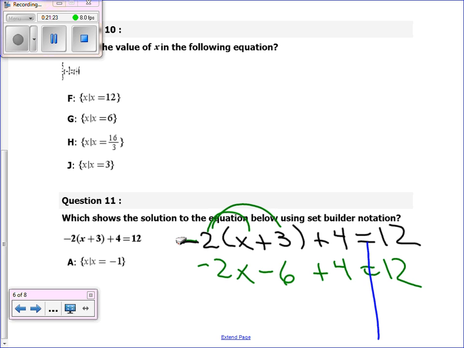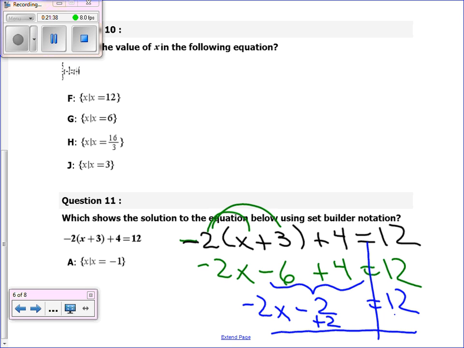Now combine like terms. So negative 6 plus 4 is negative 2. Now add 2 to both sides. And we get negative 2x is equal to 14. And we're going to divide both sides by negative 2.